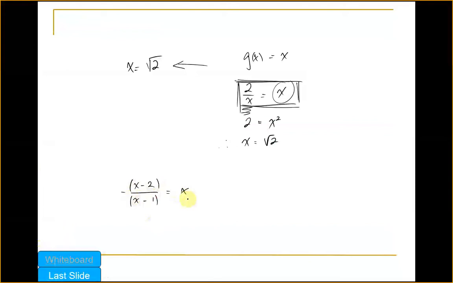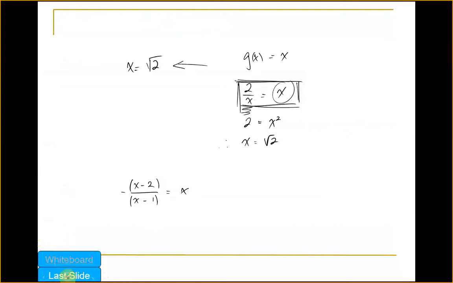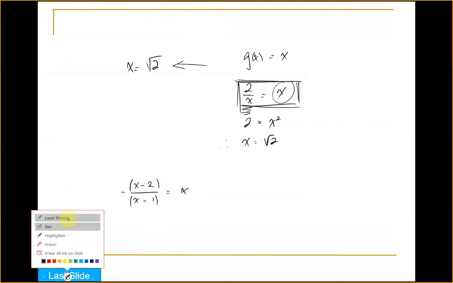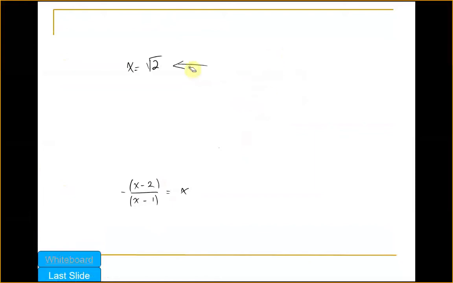This is a little trick here, but we'll go through the procedure. Let me erase everything else on the slide.